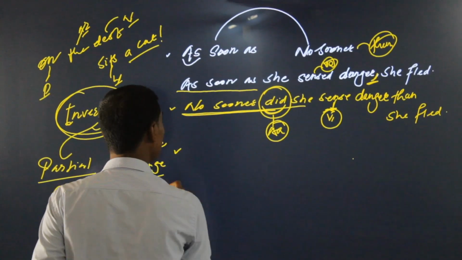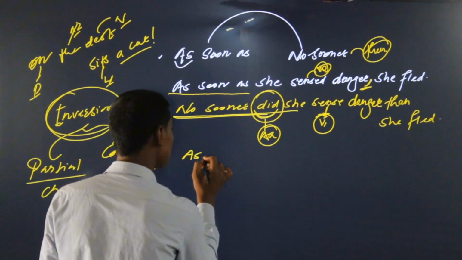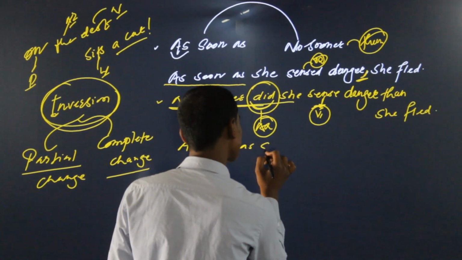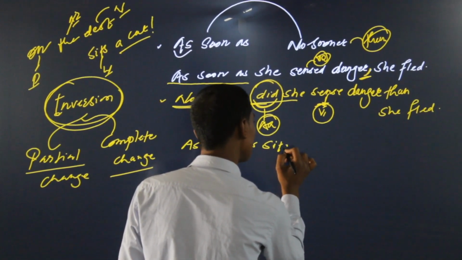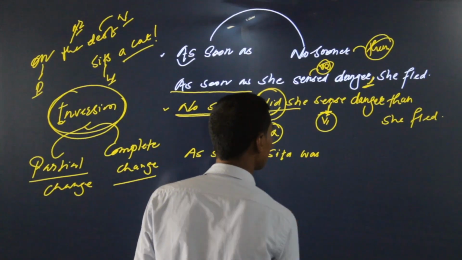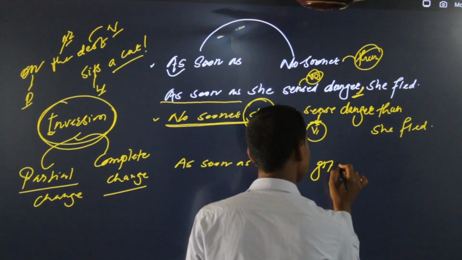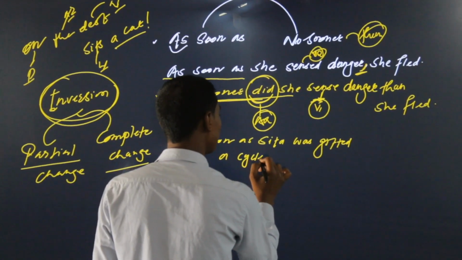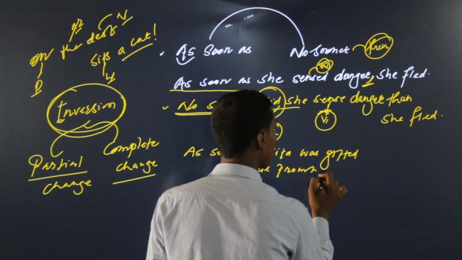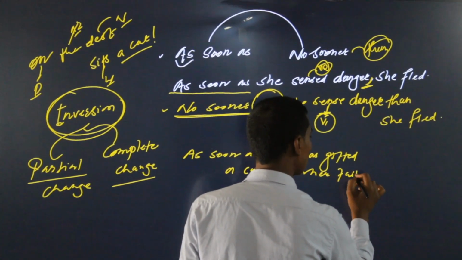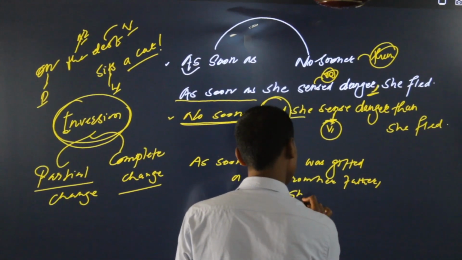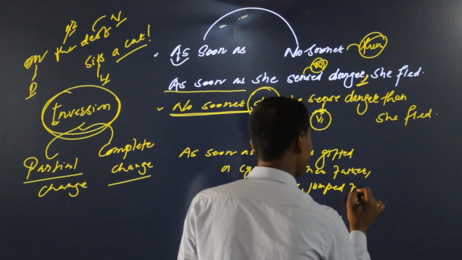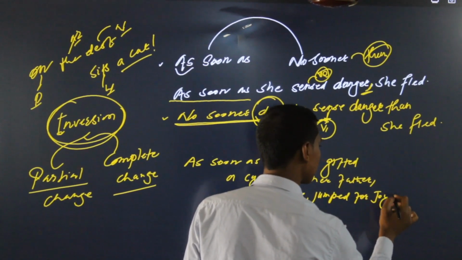So we have another one. As soon as Sita was gifted a cycle from her father, she jumped for joy.